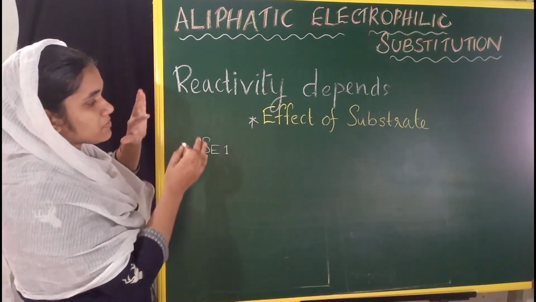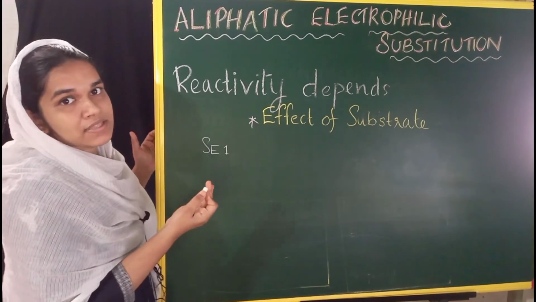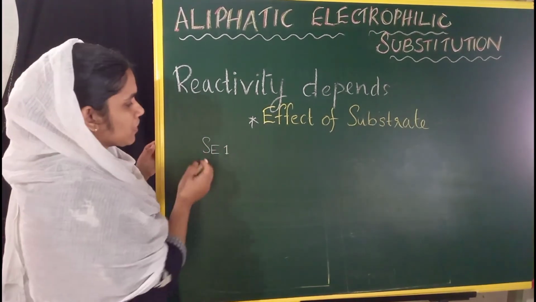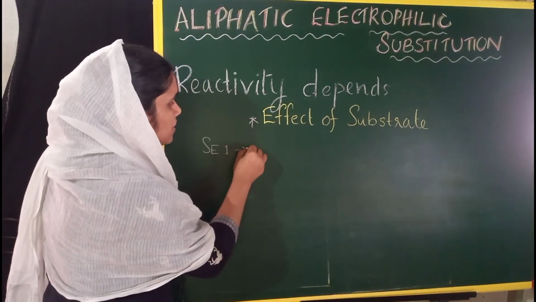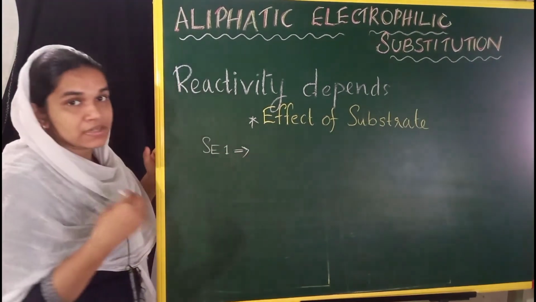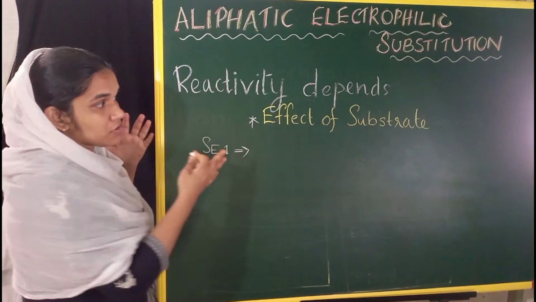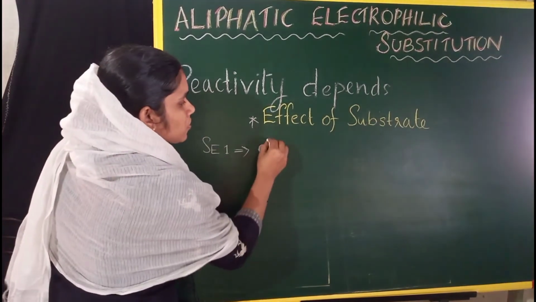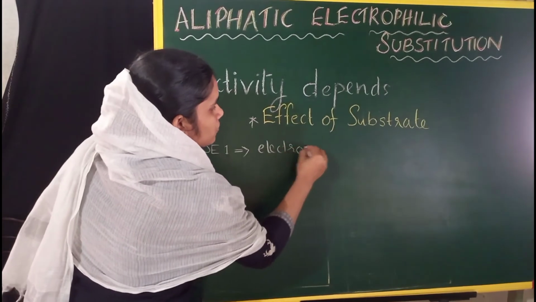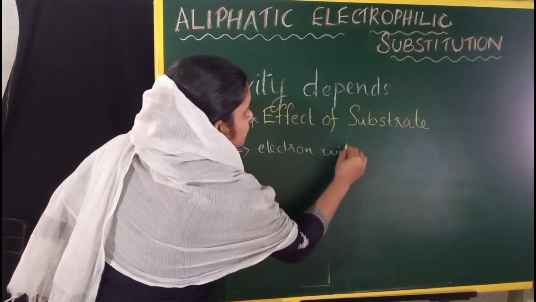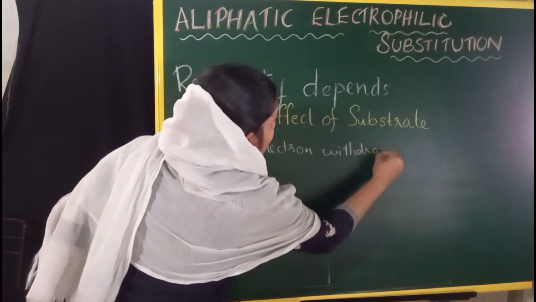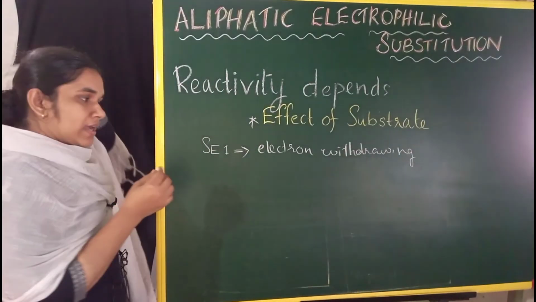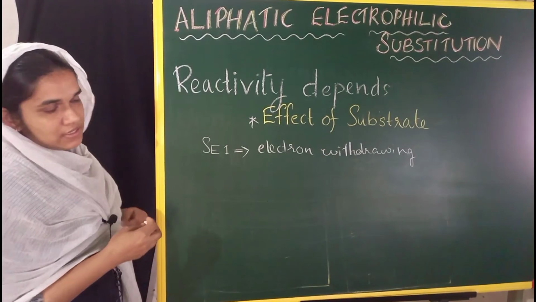So a substrate which can stabilize that carbanion reacts easily. A substrate that has an electron withdrawing group can stabilize that carbanion and increase the rate of the reaction.